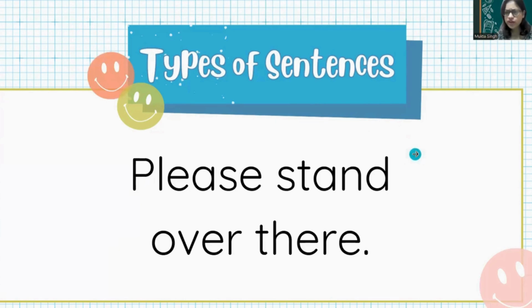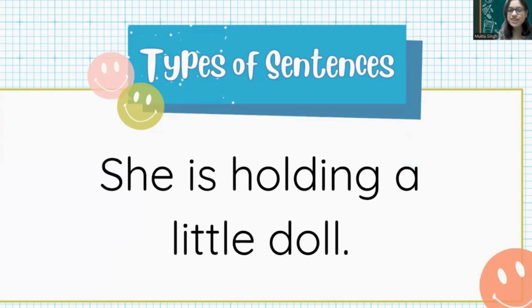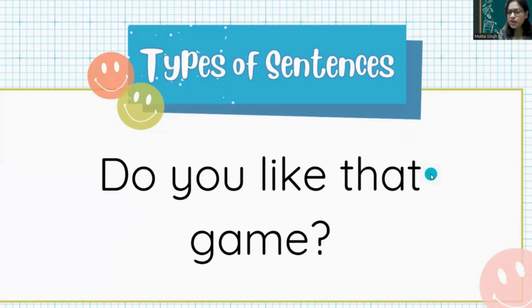Please stand over there. Imperative sentence. She is holding a little doll. Full stop. Declarative sentence. Do you like that game? Question mark. Correct. This is an interrogative sentence asking us a question.